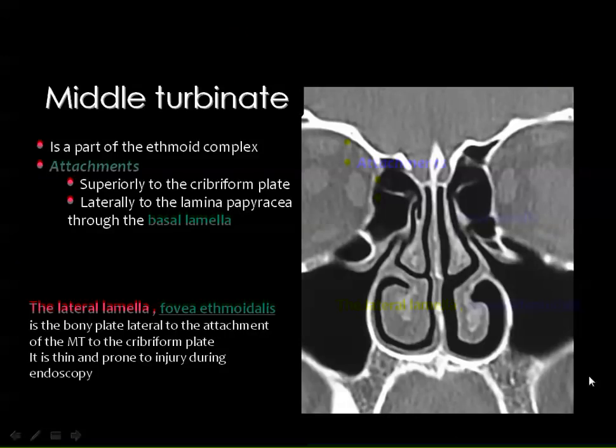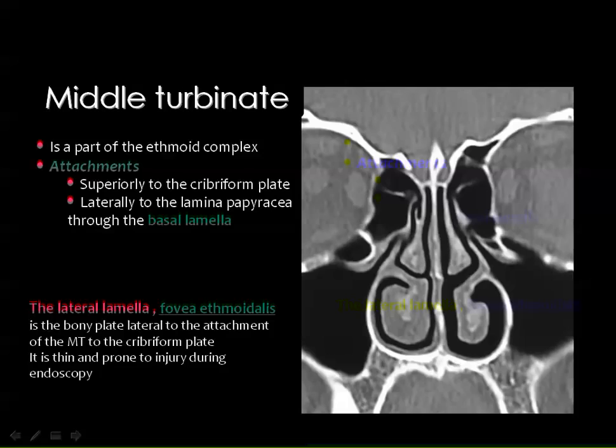Then here you can see that there is pneumatization of the orbital floor, which is known as Haller cell, bilaterally on the right side and also on the left side, encroaching on the osteomeatal unit.